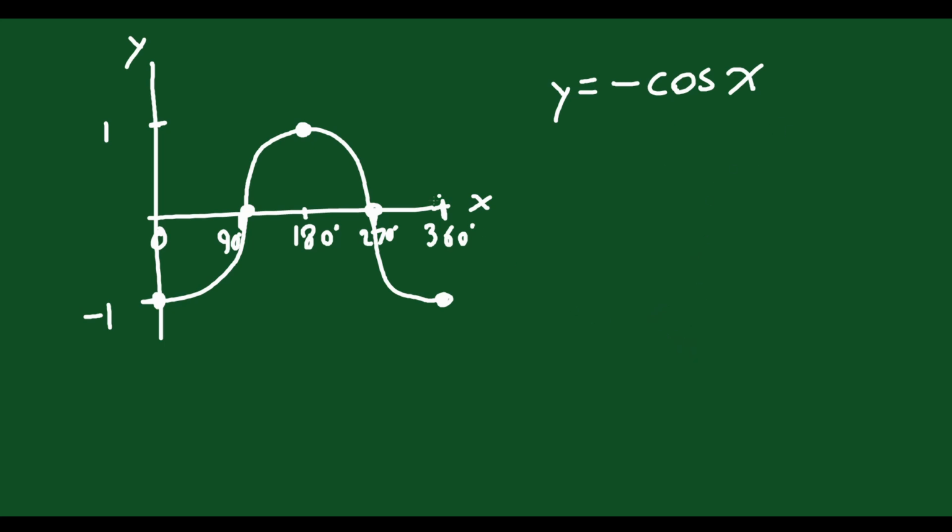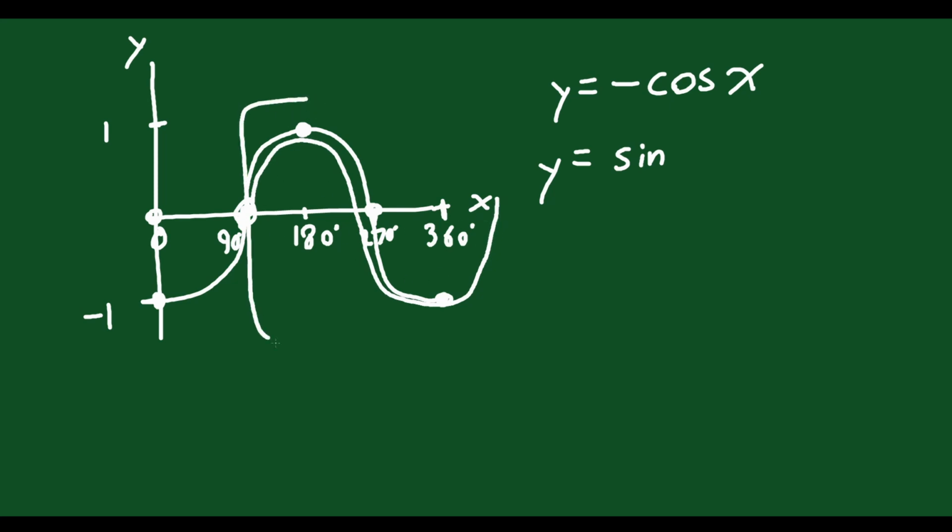What's cool about these functions, though, is that there's an infinite number of equations you can use to represent these graphs. Another would be if we decided to use sine. Now, how can you say this is a sine graph? It doesn't look like a sine graph. A sine graph starts here and then goes up and then comes down. Well, if you started here and then went up and then came down and then went up, that would kind of look like a sine graph. Like this part of it.